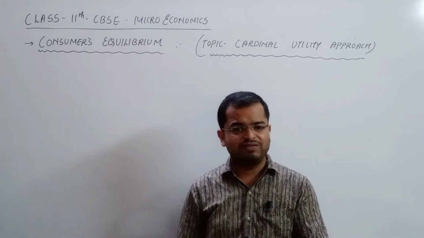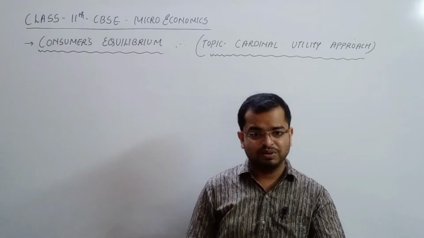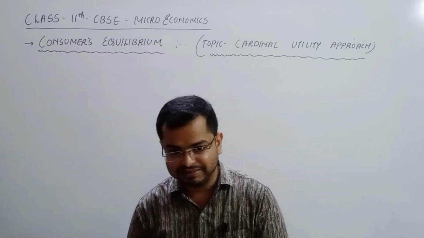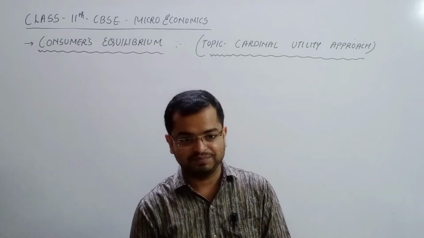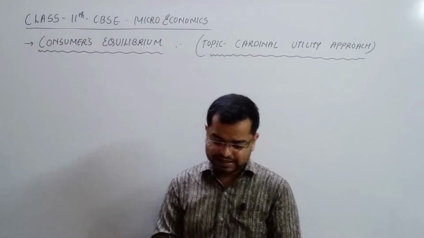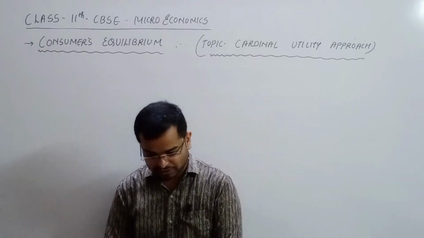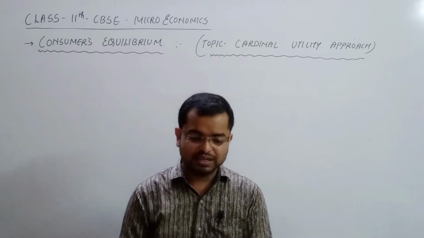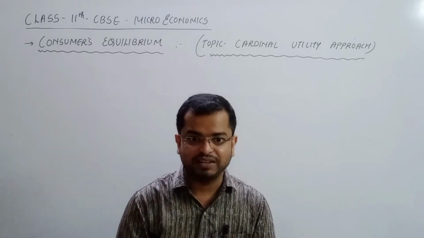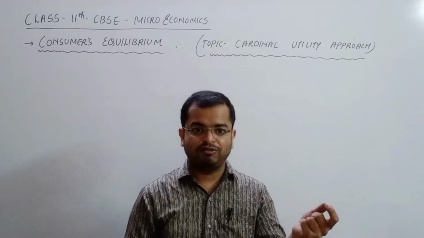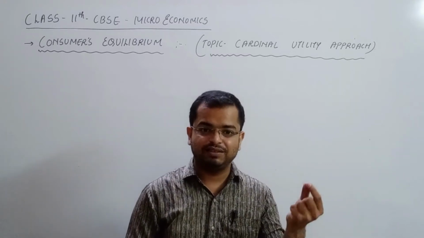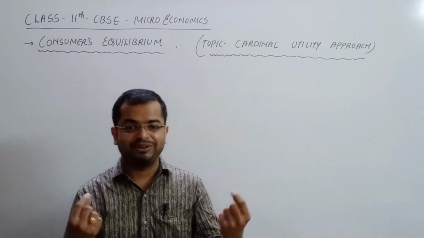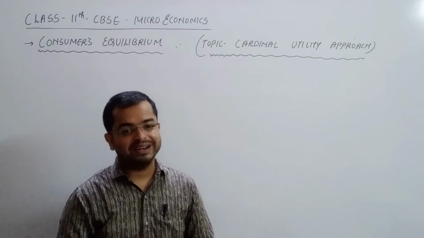Utility always exists before consumption also, but it can never be calculated that this much utility I am having. Now you will be thinking, how do we calculate the level of utility, the level of satisfaction? Yes, definitely it is very difficult. If it is in the form of money, like a 1 rupee coin or 5 rupee coin or 10 rupee coin, then it is quite simple.